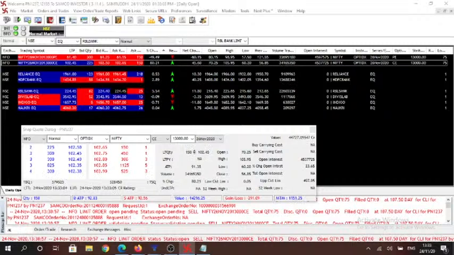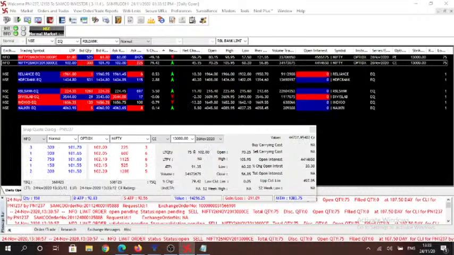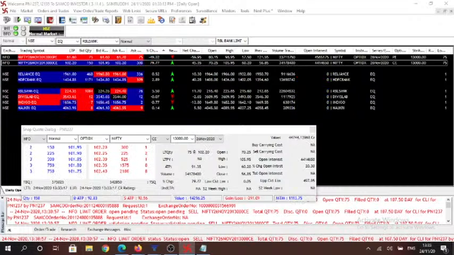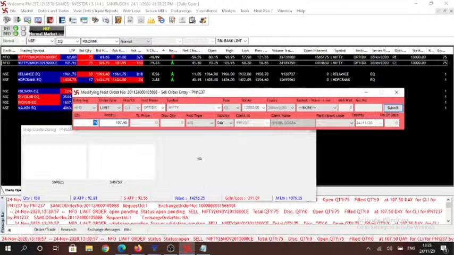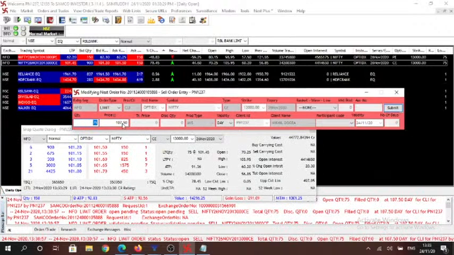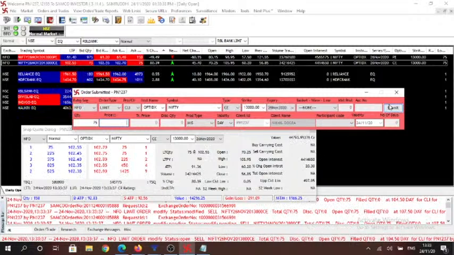Let's see if we get filled now at 107.5. What I'll do is I'll modify the order to 104.5. Let's get out of this position partially.